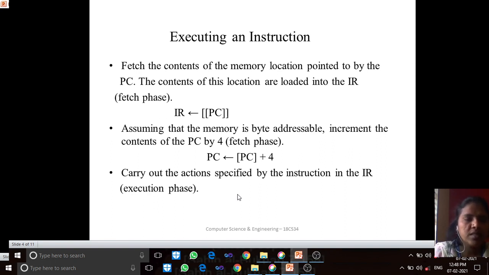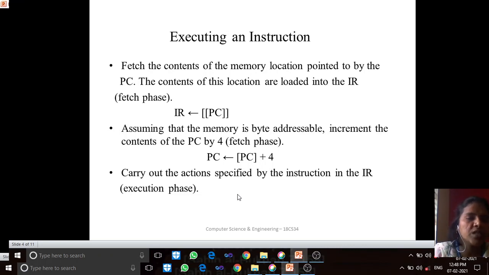So what are the steps in executing an instruction? First, it will fetch the contents of the memory location pointed to by the PC. Initially, the PC is loaded with the address of the first instruction. The double square bracket notation shows that the contents of the PC are a location, and that location contains the instruction to be executed.